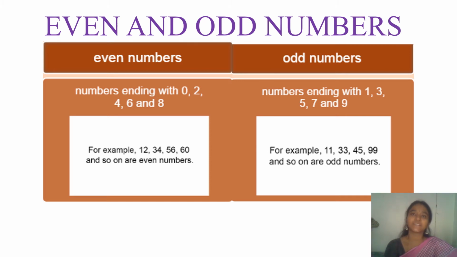The numbers that end with 1, 3, 5, 7 and 9 are called odd numbers. For example, 11, 33, 49, 57, 63, all these are odd numbers.